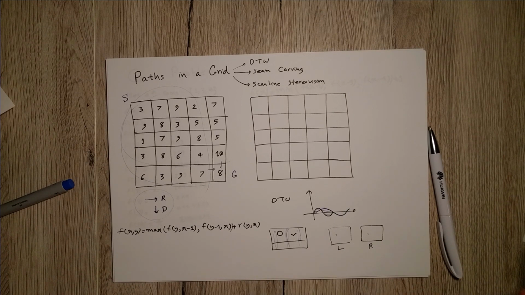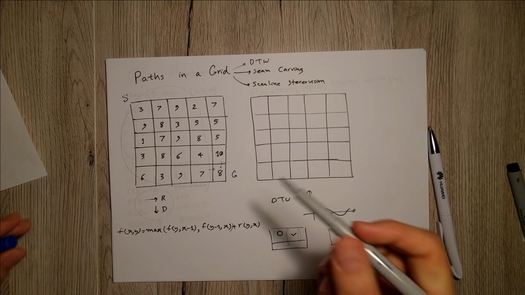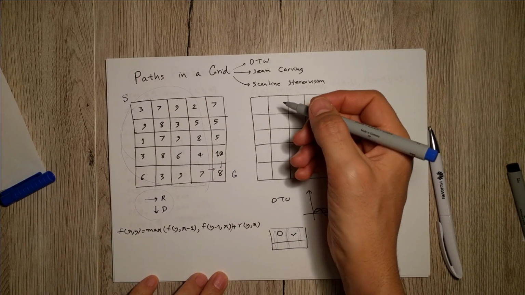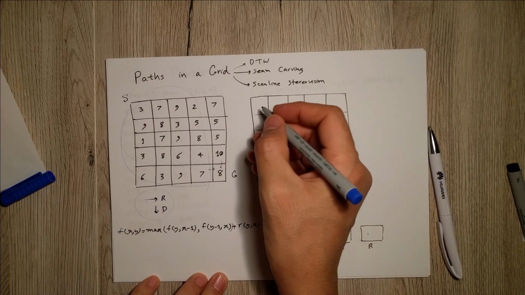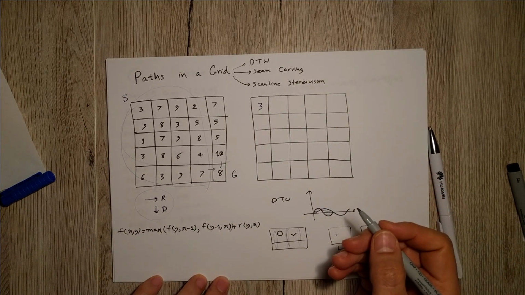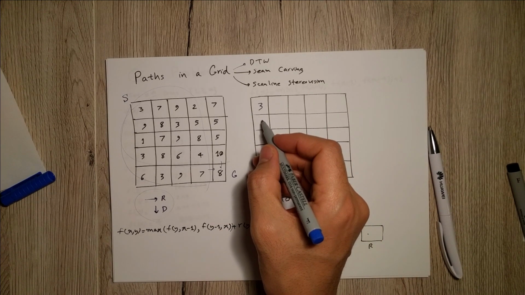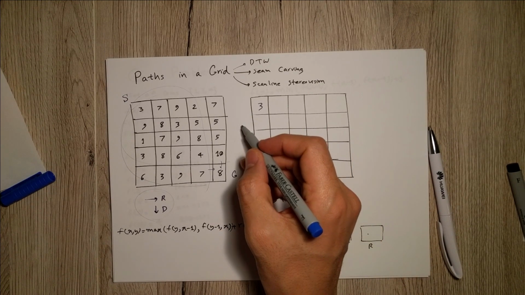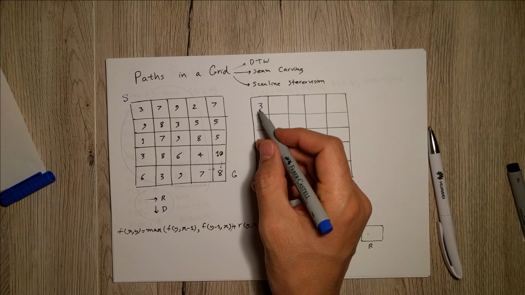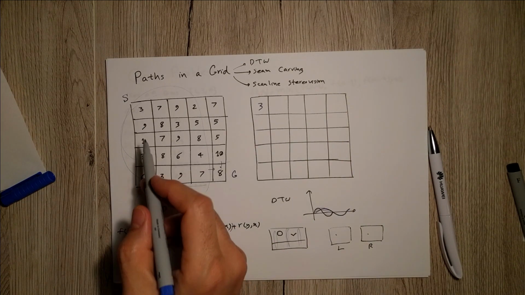Okay, so if I want to populate this matrix, I can do it for the first part. For instance, the cost of being here, which is 3. I'm already here. The cost of being here, I can only come from right, which is not possible, or top, like this. So I have a down part.